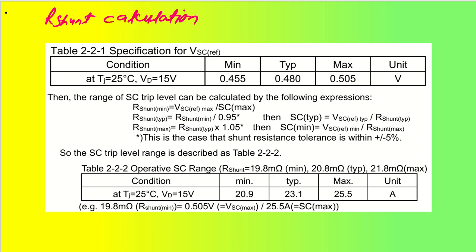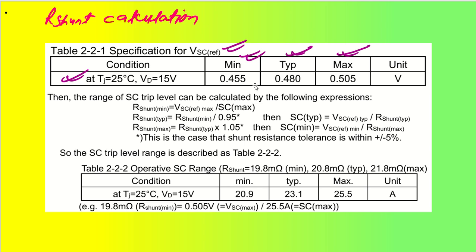So let's proceed. As you can see, we have the short circuit reference voltage. For different temperature ranges or conditions, we have a minimum value, typical value and maximum value. My short circuit reference voltage varies from 0.455 volt to 0.505 volt.